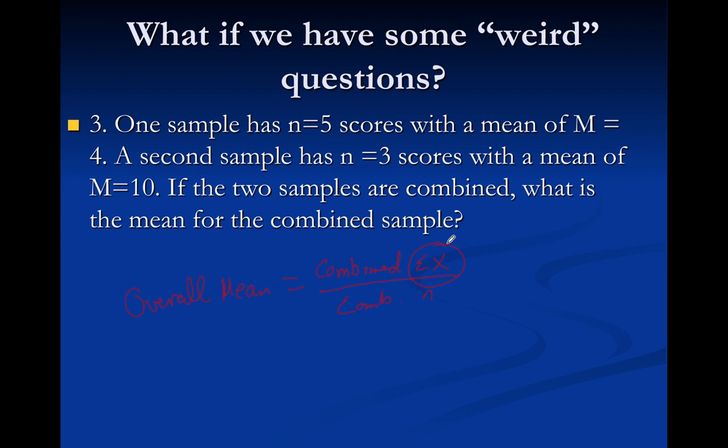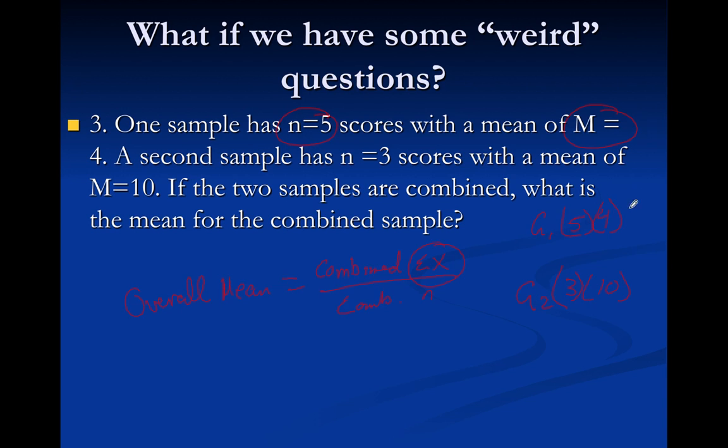So taking our previous weird question, where we were trying to solve for the sum of x, we're going to follow the exact same procedure. For group 1, we know it's 5 times 4, because 5 is our sample size and 4 is my group average. And for group 2, my sample size was equal to 3, and my average was 10, right?